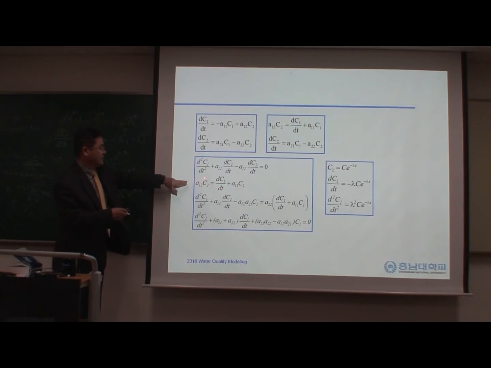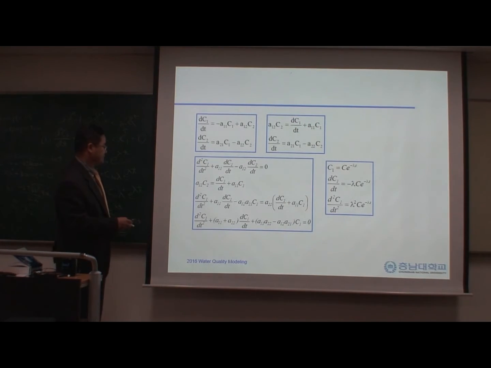And for this one, when this one is in here, if we leave this one and move it to here, it just becomes like this. Okay? So A12 C2 is this, C1, d2, and A11, C1, like that.